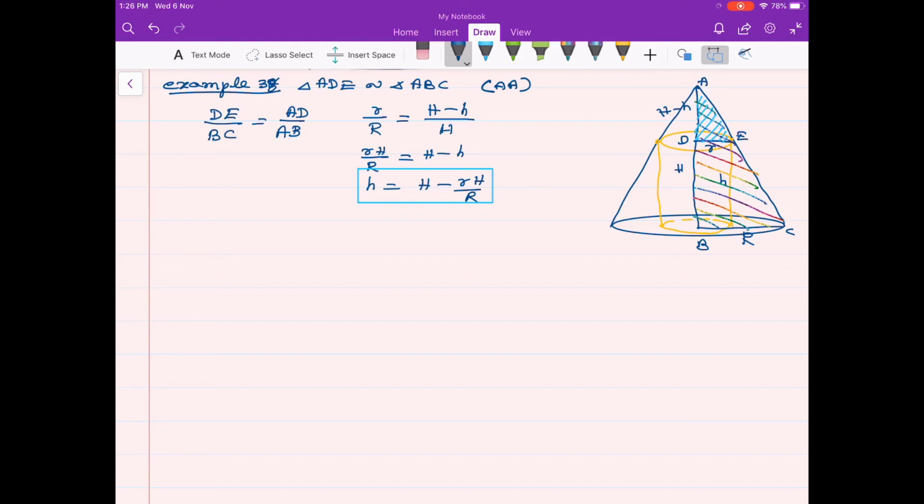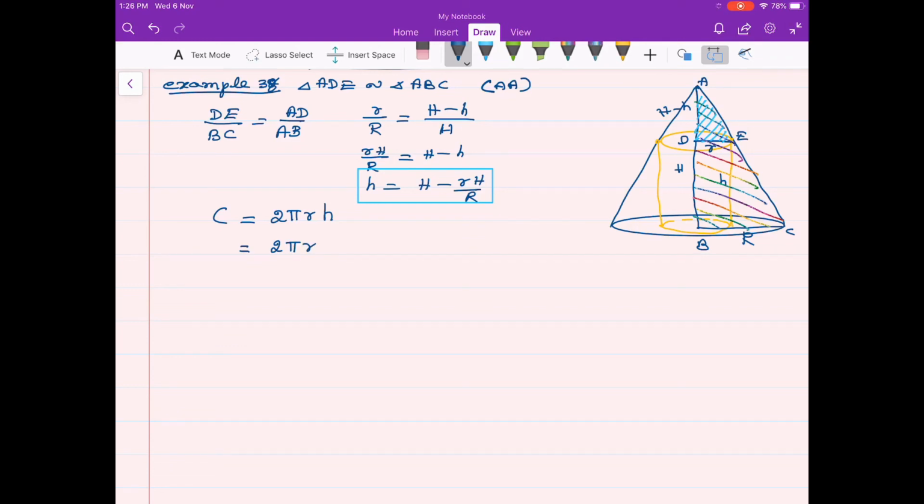Greatest curved surface area. The curved surface area of the cylinder is 2 pi r h. Now, we will substitute for h.